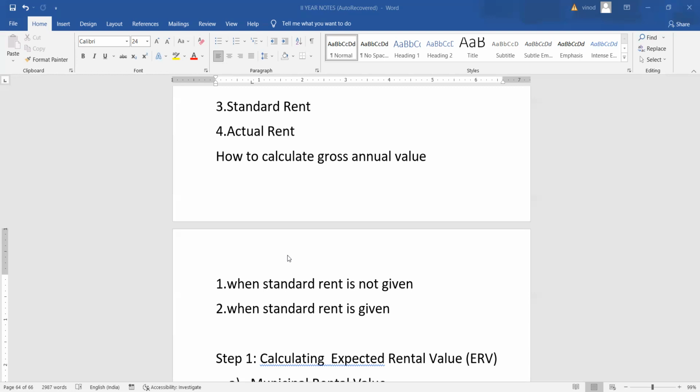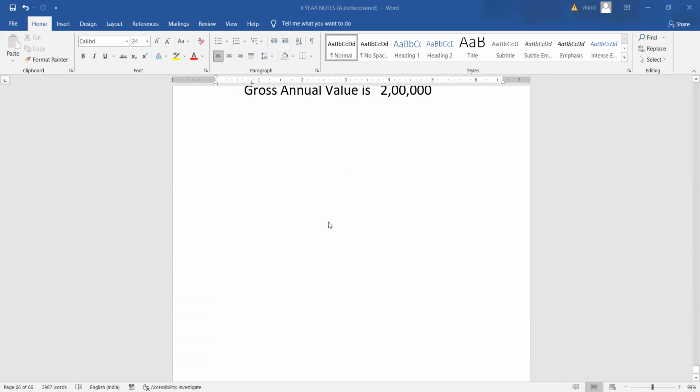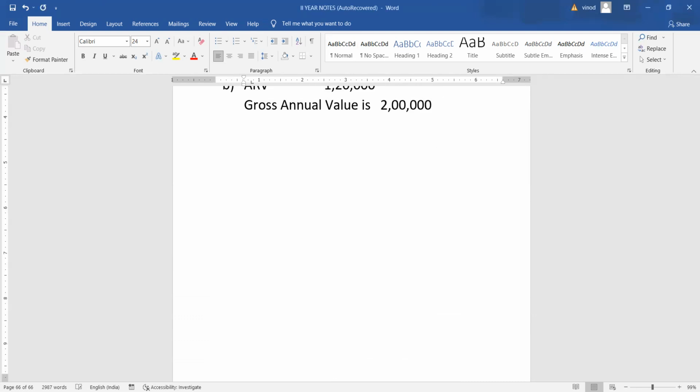Please remember, we can calculate gross annual value in two situations: when standard rent is given, and when standard rent is not given.